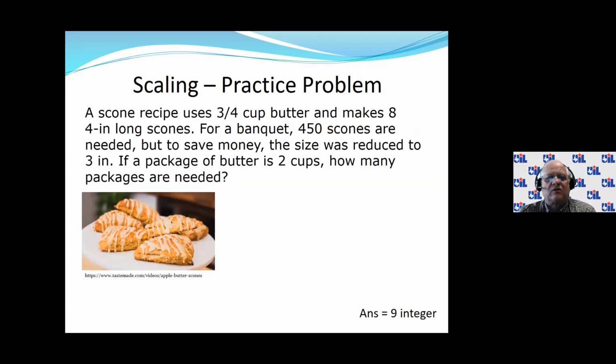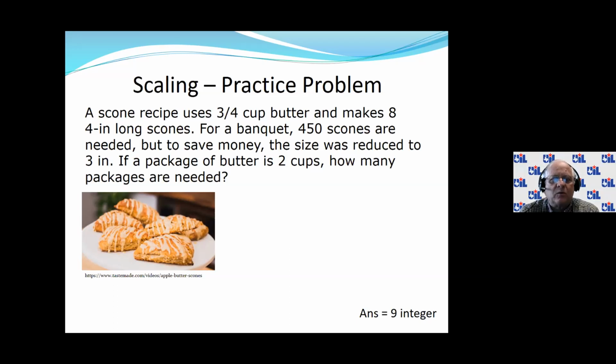Again, you have to assume that the amount of butter I need is going to be proportional to the number of scones and to the length dimension cubed, because in this case, the scones will have the same volume, the same shape, though they will not have the same thickness. That is, the 3-inch scone will be shorter than the 4-inch scone.